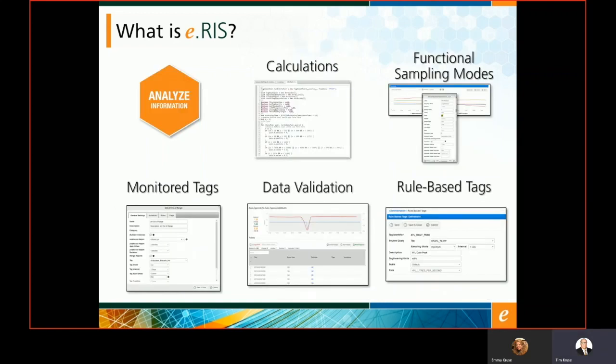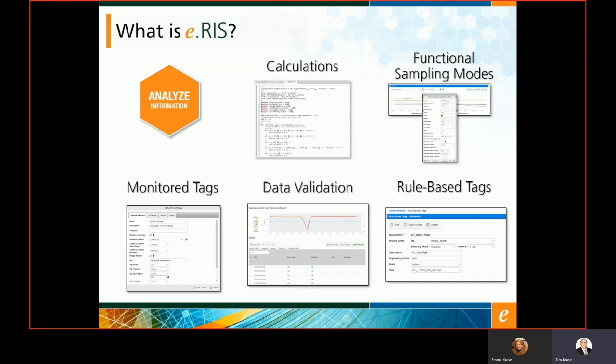From an analytics perspective, this is where Eris really shines. We have a really easy to use but powerful calculation engine that basically allows you to do either simple or complex algorithms on data to help you find data that doesn't fit or is having problems.